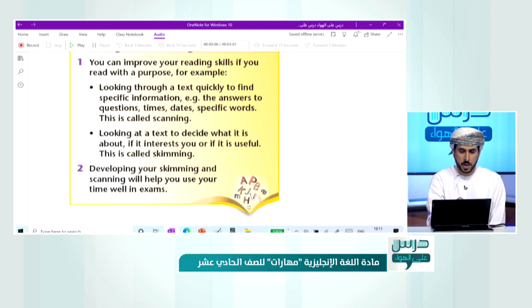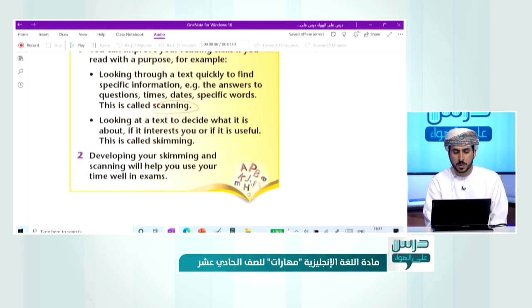Number 1, you can improve your reading skills if you read with a purpose. For example, look through a text quickly to find specific information. Example: the answers to questions, times, dates, specific words. This is called scanning. So reading quickly in order to find specific information is called scanning.